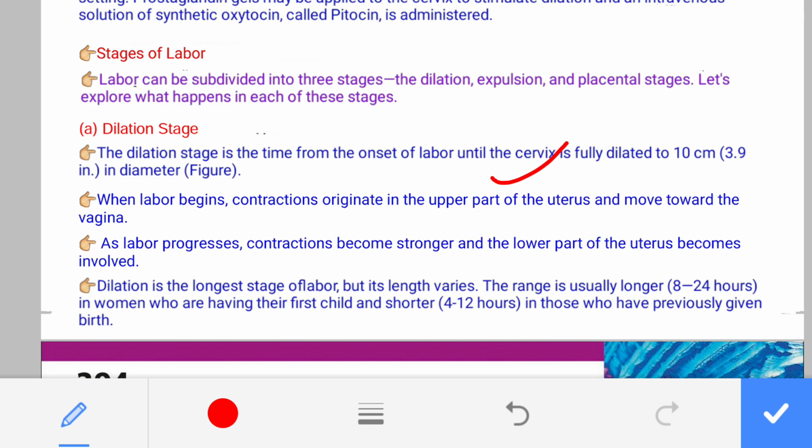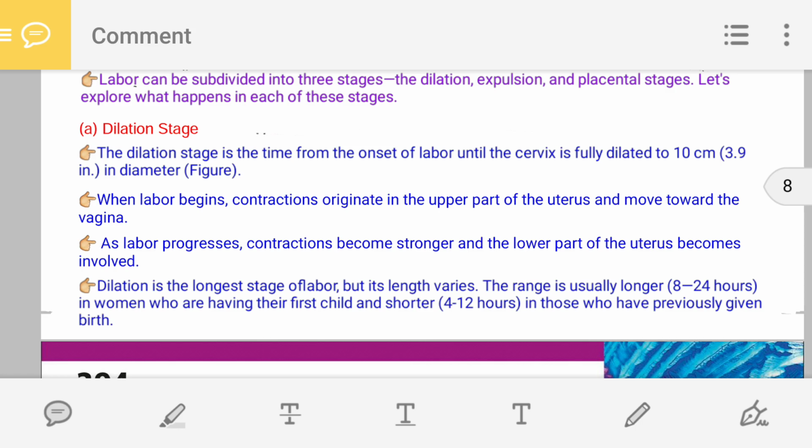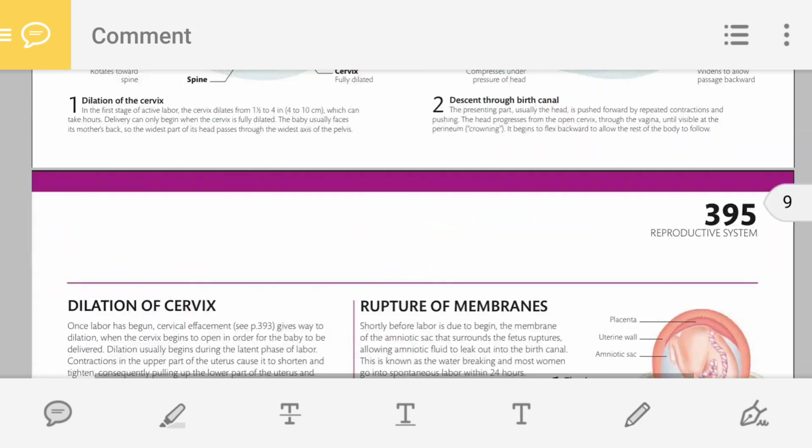Now the labor pain, that is the contraction. Where is this contraction originating? This contraction of the uterus originates on the upper part and then travels toward the vagina. In the figure I will show you this point.